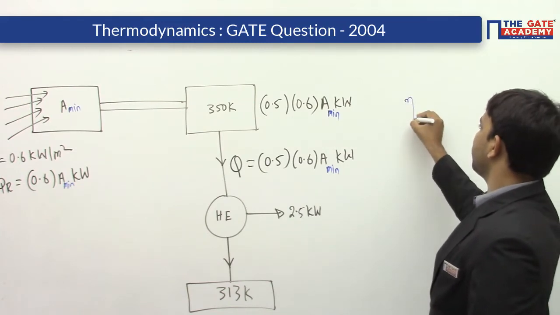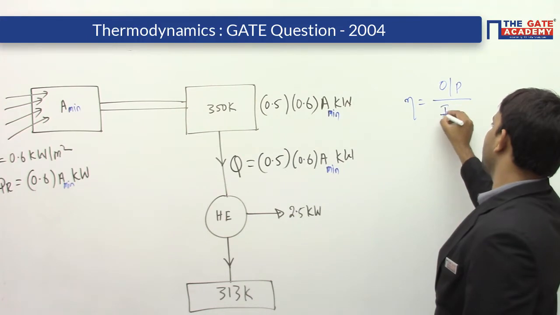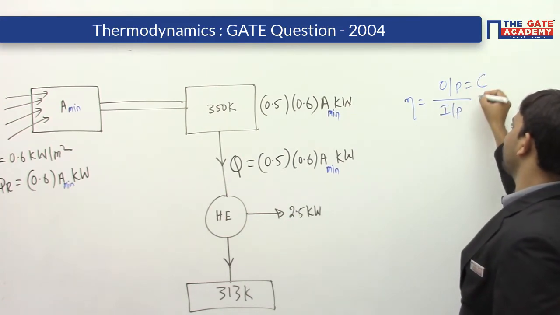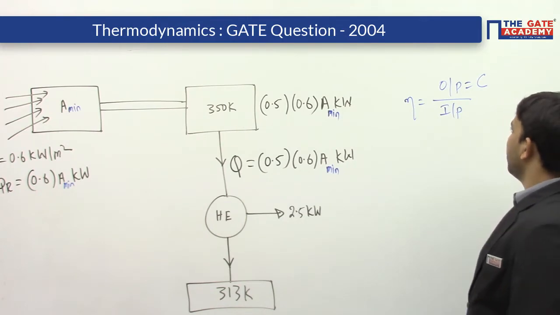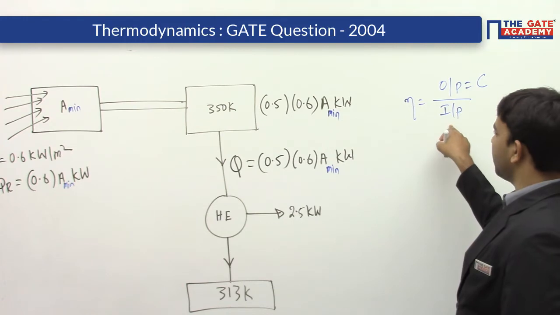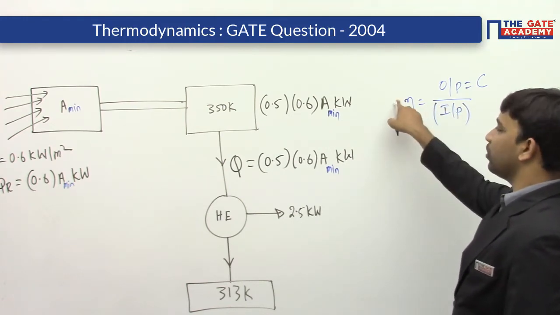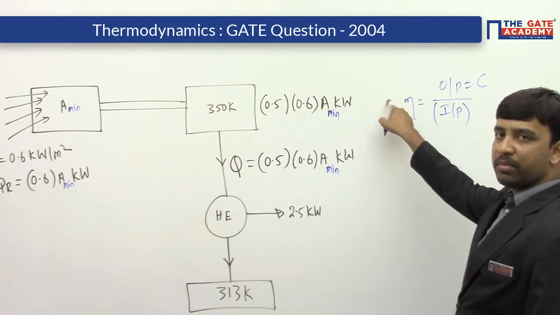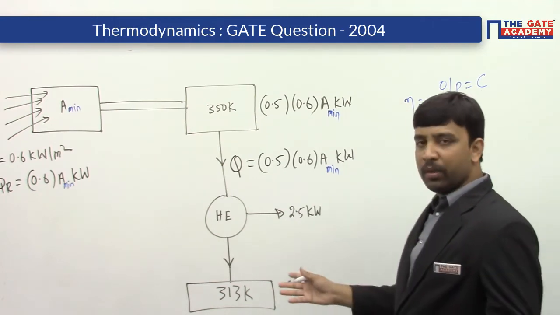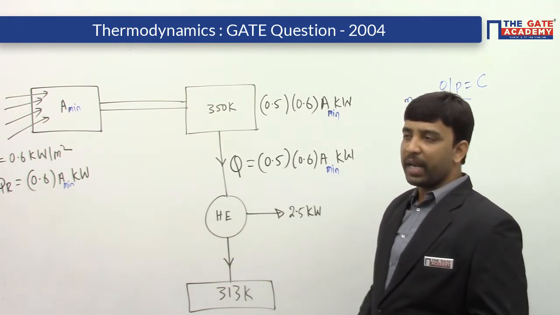If I write an equation for efficiency, efficiency is output divided by input. The output is fixed, constant at 2.5 kilowatt. To get this output, what should be the minimum amount of input? The minimum input is the one given to an engine whose efficiency is maximum. If the efficiency of the engine is maximum, it takes very little input and gives the maximum work.